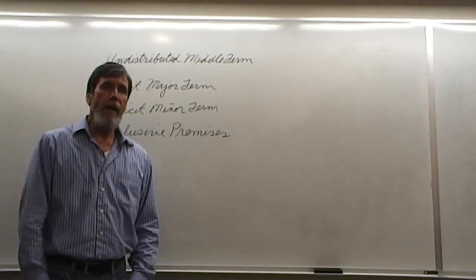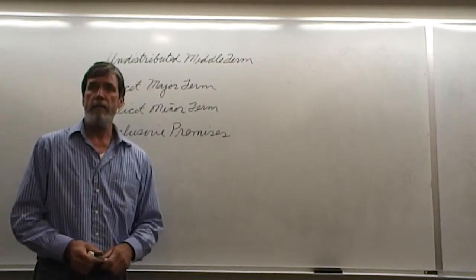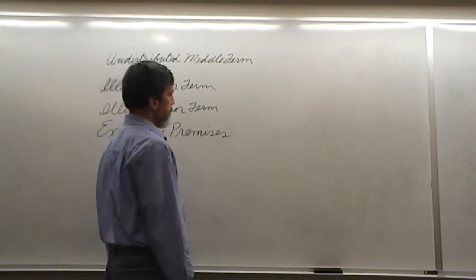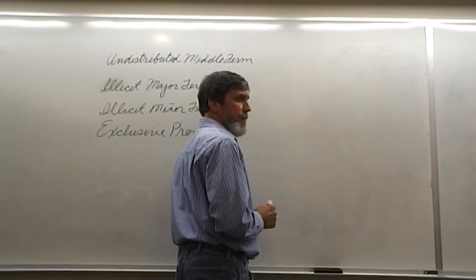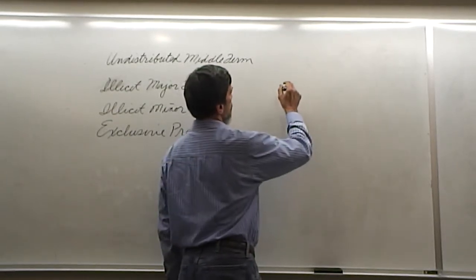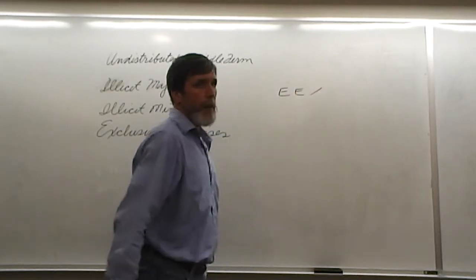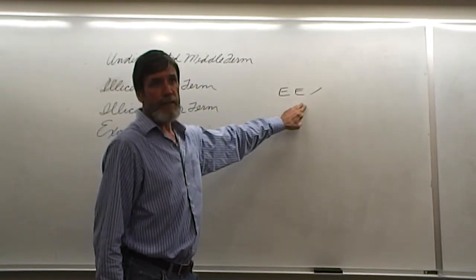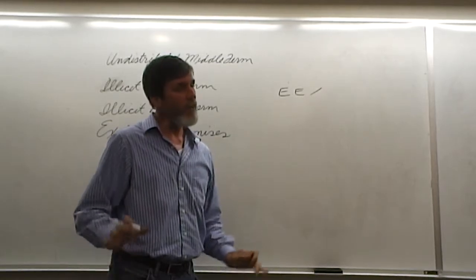Now I have a short way of illustrating how you detect this, a shorthand way. See if you can follow along with what I'm illustrating here. This fallacy is detected just by the premises themselves, and the negative premises are the E and the O. So that right there represents the major premise is an E, the minor premise is an E, and the conclusion doesn't matter in this case. It's all about the premises.